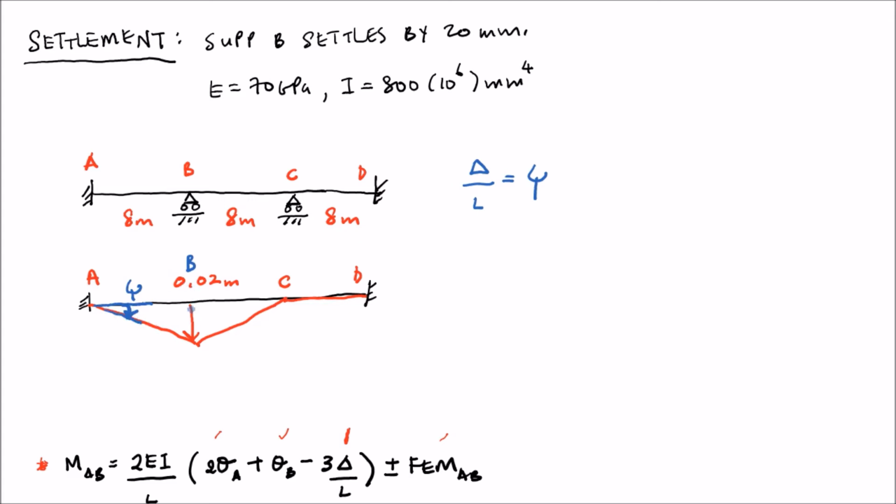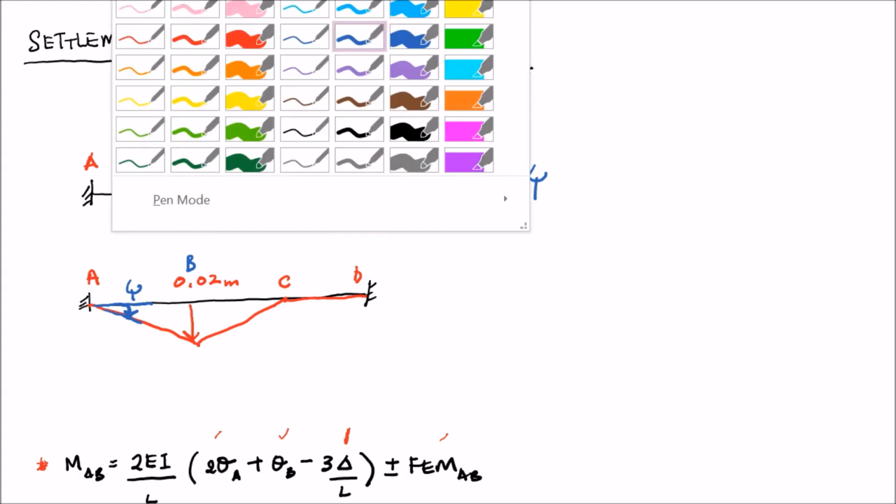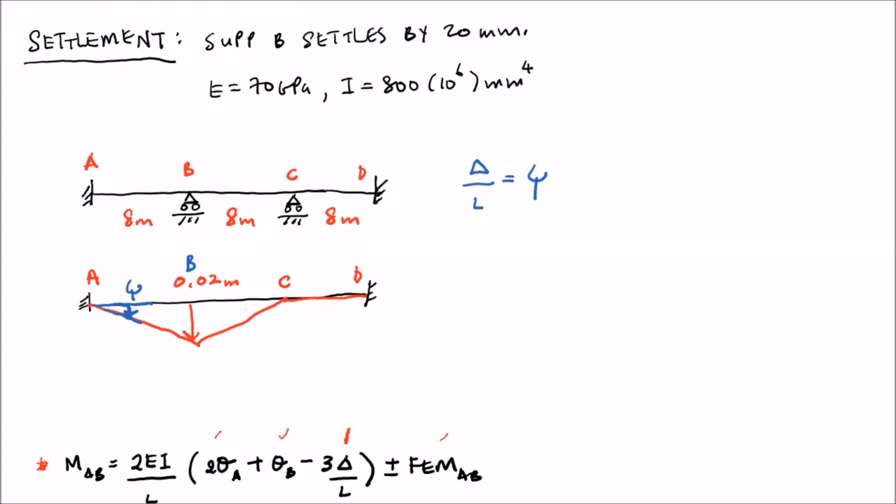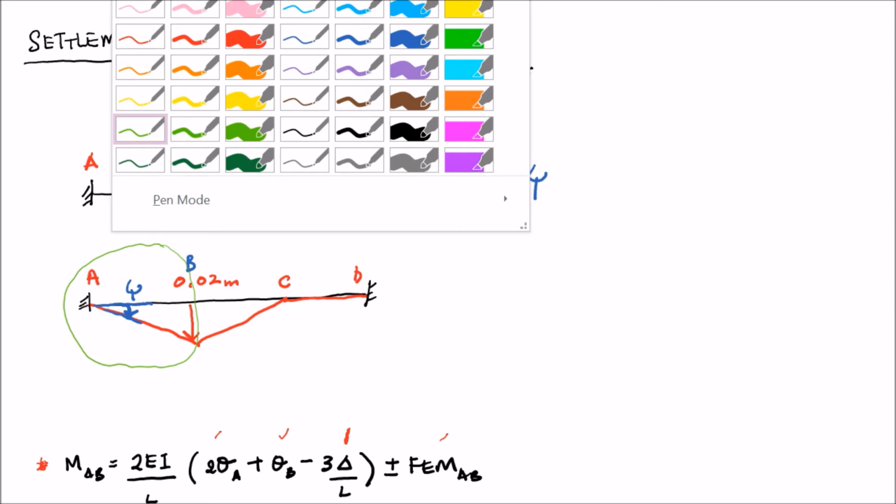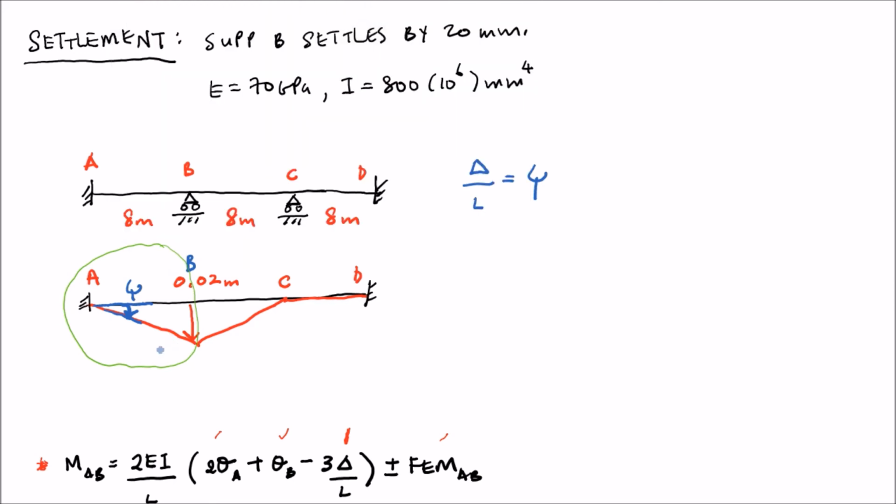Similarly, for the same span, this beam BA, this point also has a clockwise rotation. Original is horizontal, the new one is slanting like this. So the slope is also clockwise, and the value must be the same, lambda. It doesn't matter whether it's lambda AB or lambda BA. You are going to have the same value, and the direction is also the same, clockwise.